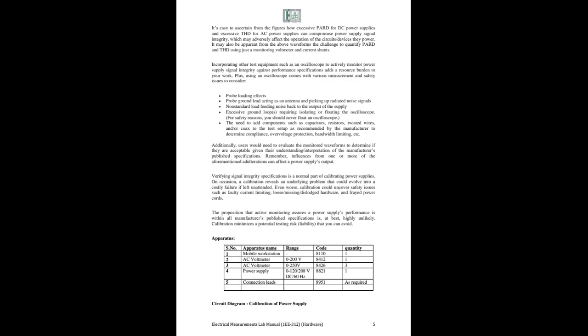Incorporating other test equipment such as an oscilloscope to actively monitor power supply signal integrity against power performance specifications adds a resource burden to your work. So we cannot measure these with a simple voltmeter and current meter. We have to install some special equipment to measure this PERD and THD.